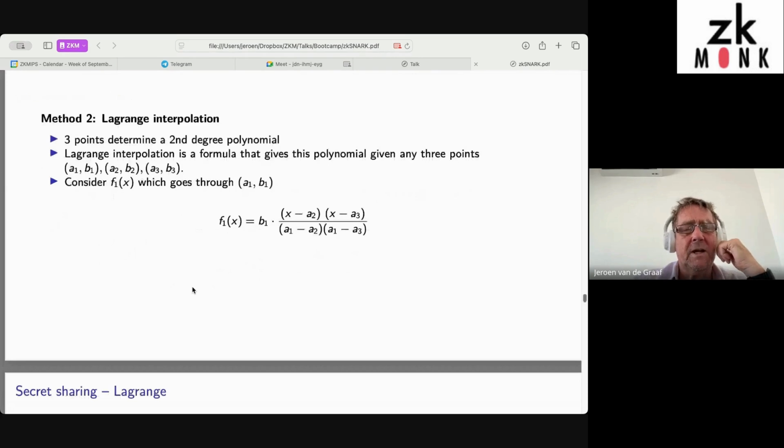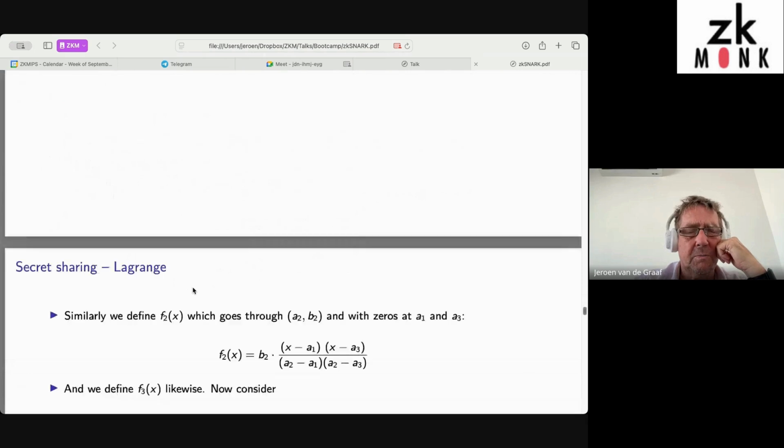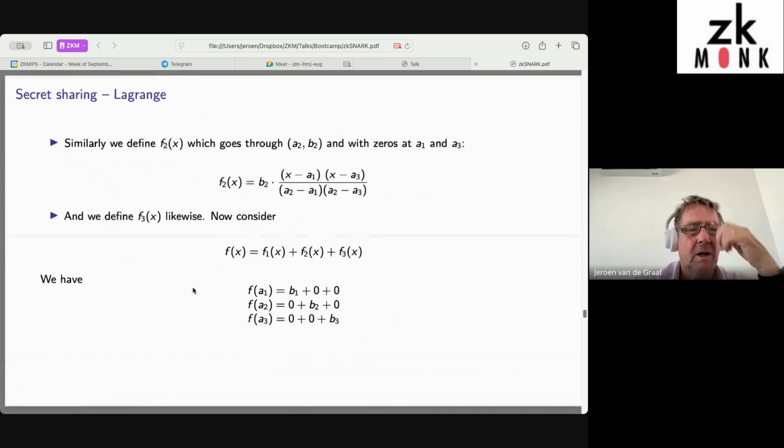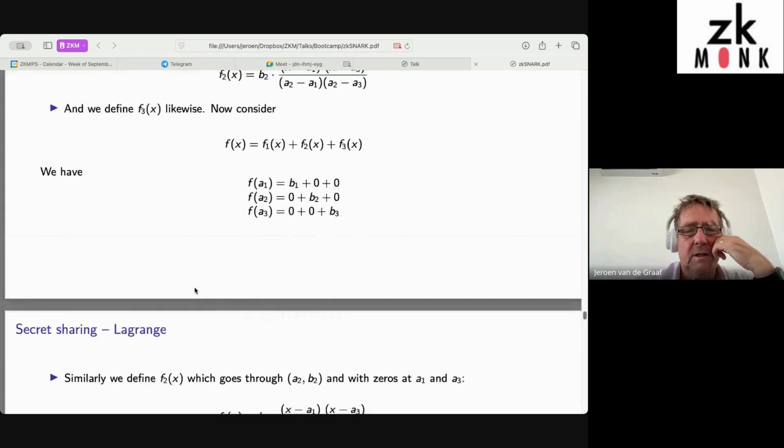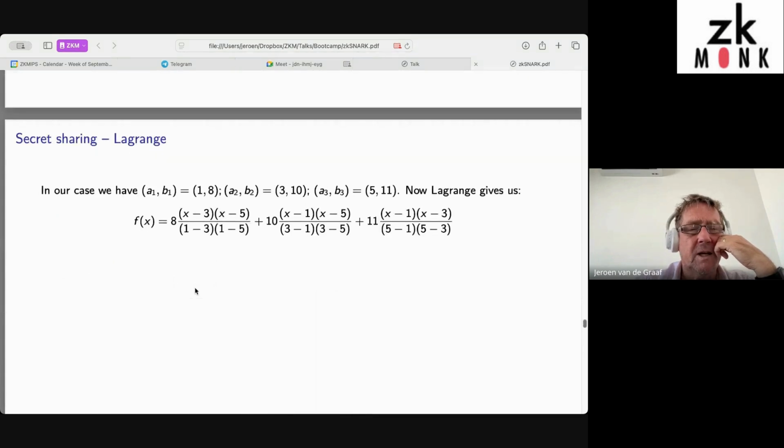This is what I was showing you. I'm going to skip it here. I'm explaining to you how it works, but for the lack of time, I'm going to skip it. What you can show is that if you apply that formula, then you exactly get the polynomial that runs through these 3 points. So this is what we are going to do in our example.